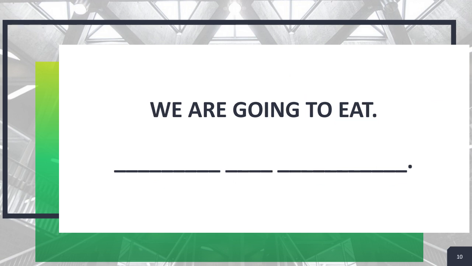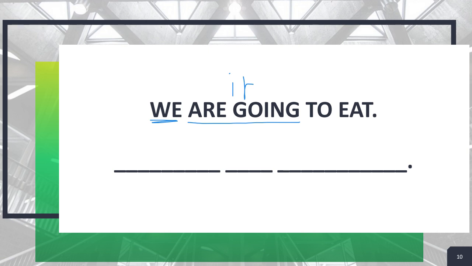All right, in this next example, we're talking about something that we are going to do in the future. So we've got we, which is nosotros. I'm not going to go ahead and write our subject because if you remember in Spanish, we don't always have to write our subject, but our subject is nosotros. So then when we look at our going, we know that we're going to be using the verb ir.